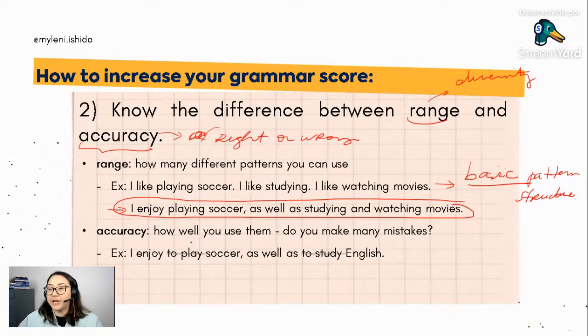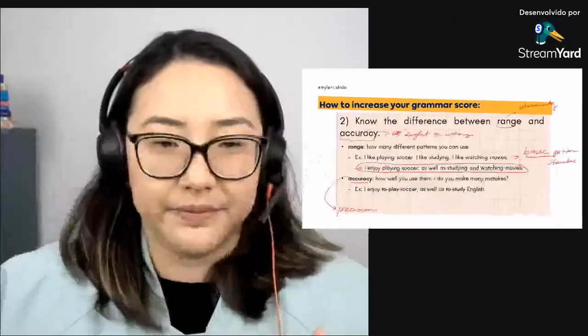The accuracy, for example, is how well you use it. Do you make any mistakes? Accuracy is a synonym of precision. It means, is this right or wrong?